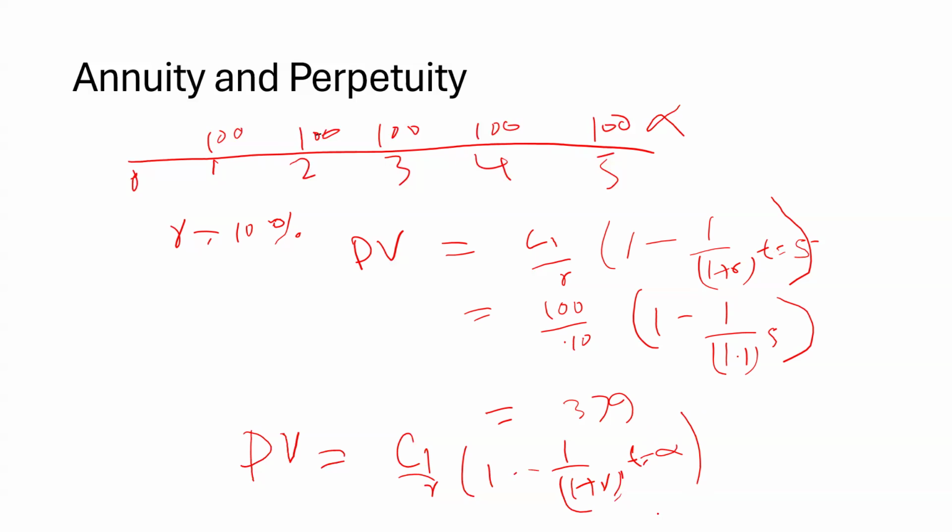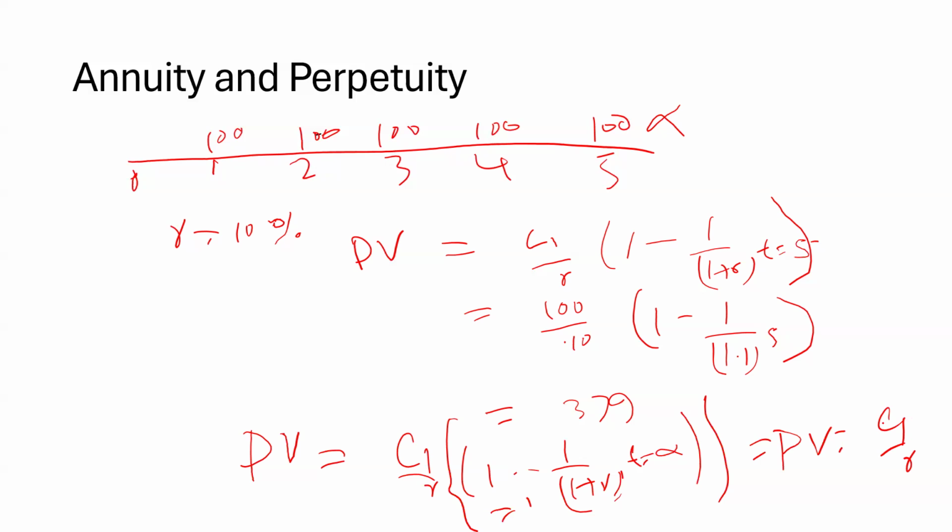When T is indefinite, the value of this side is equal to 1. When the number of cash flows is indefinite, the present value is equal to C1 over R. And this is called the present value of perpetuity.